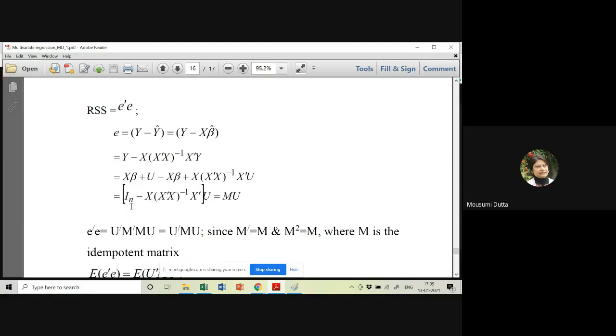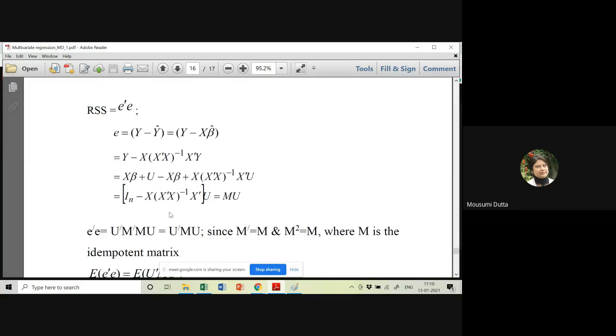Now I is of order n because u is of order n by 1. This I minus x prime x inverse x prime is an idempotent matrix.